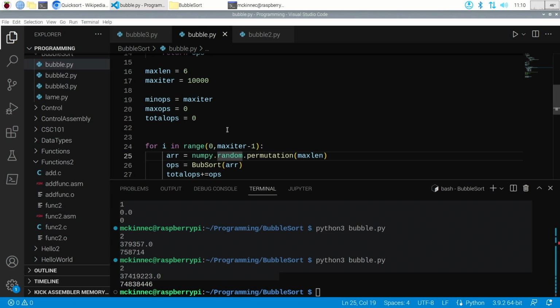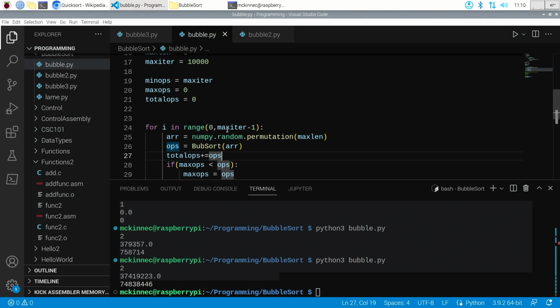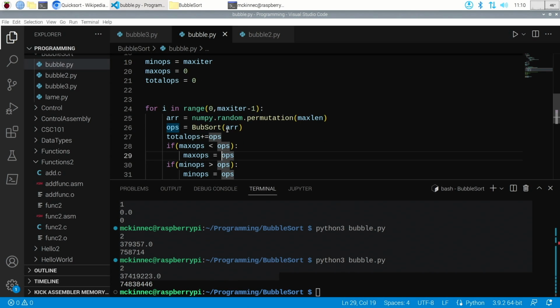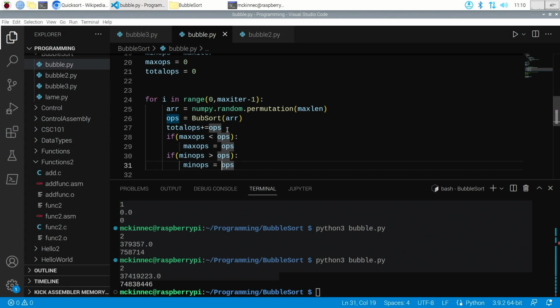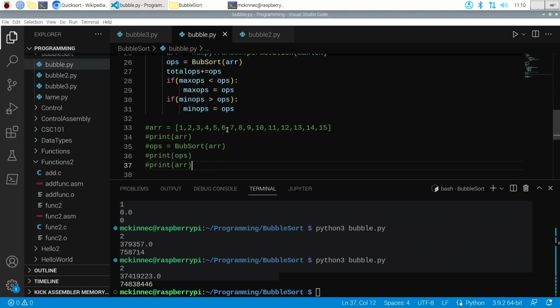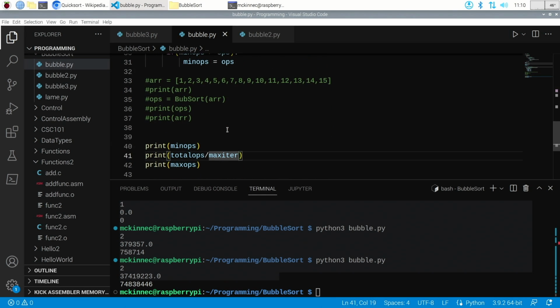Same difference, right? I'm going to have it sort and keep track of the total number of operations for each repetition, the maximum number we actually ran into and the minimum number. And then by keeping track of the total, I can print the average over the number of trials.